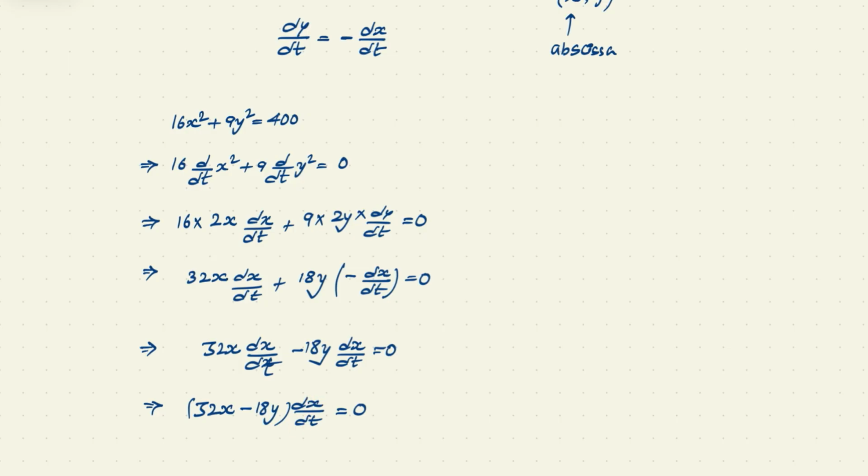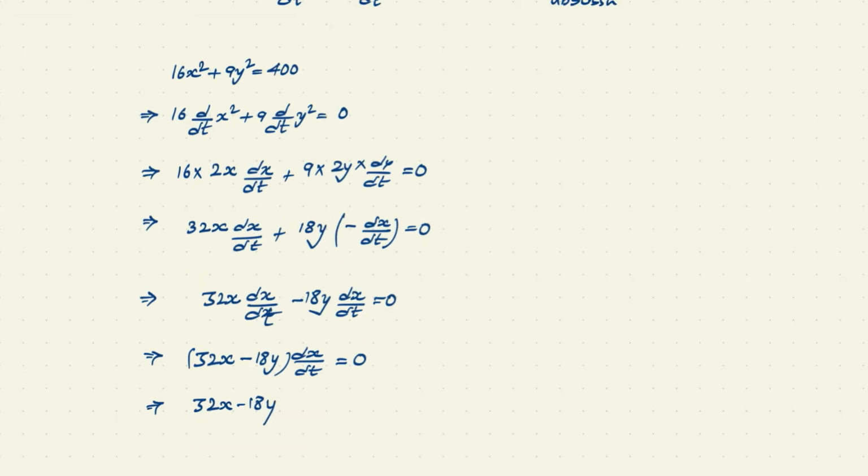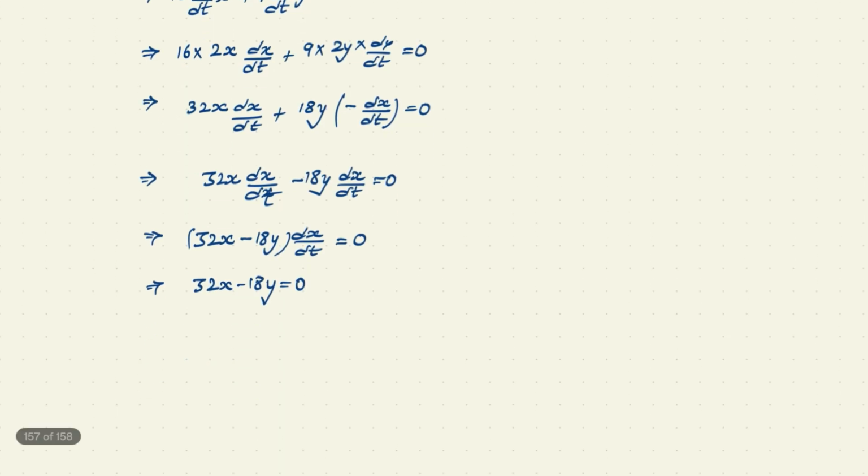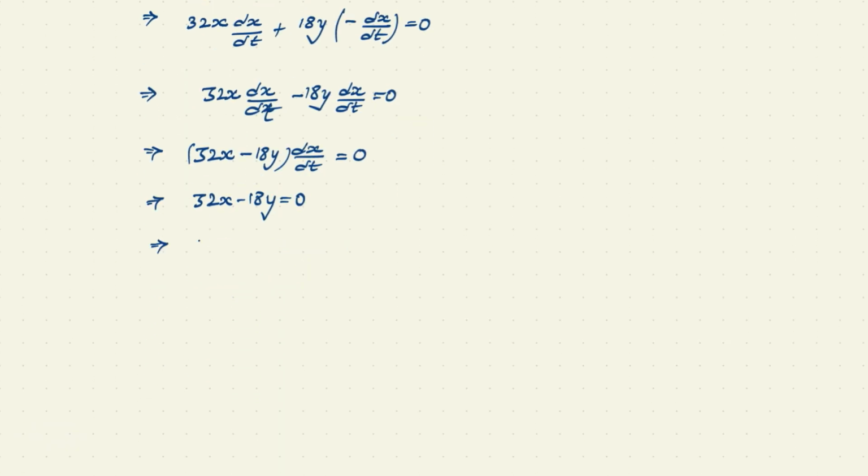That means the other expression, 32x minus 18y, should be 0. So 32x minus 18y equals 0. This implies 32x equals 18y, and hence the value of y can be written as 32 by 18 x. So 2 sixteens are 32, 2 nines are 18, so y equals 16 by 9 x.